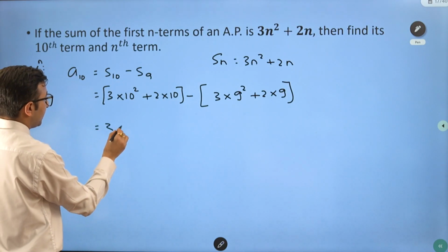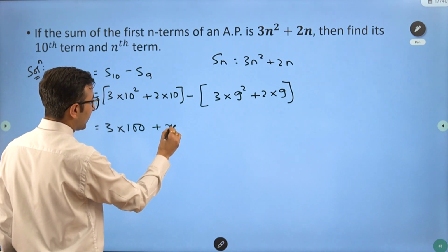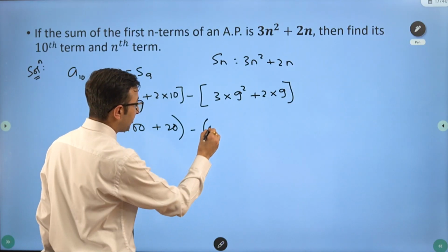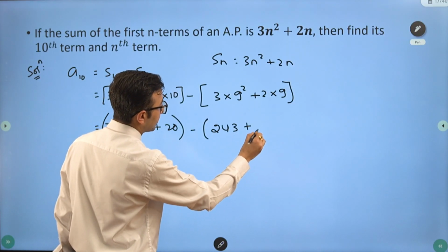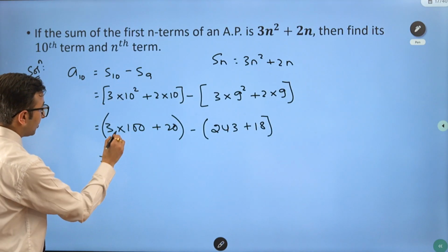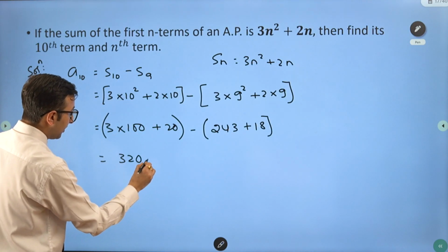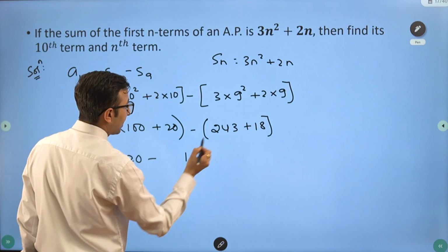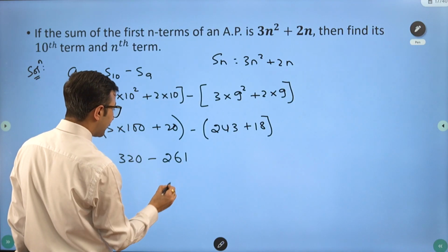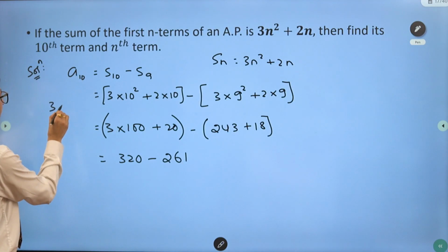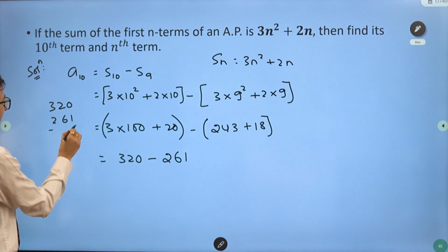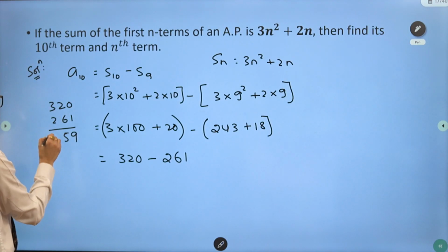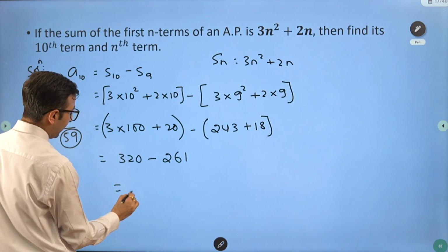So 3 into 100 is 300 plus 20, that is 320, minus: 9 square is 81, 81 into 3 is 243, plus 9 twos are 18, which is 261. 320 minus 261 is 59. So we will get 59.